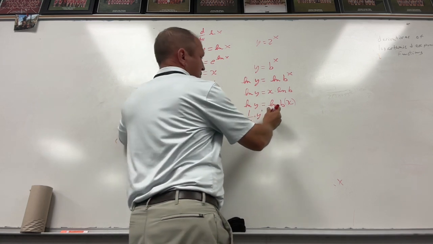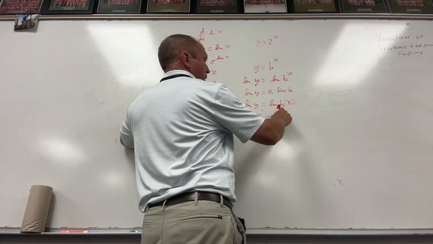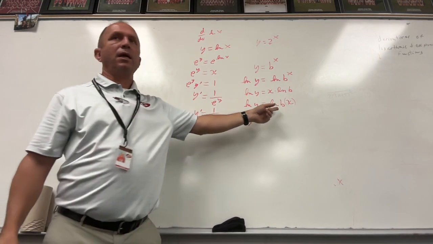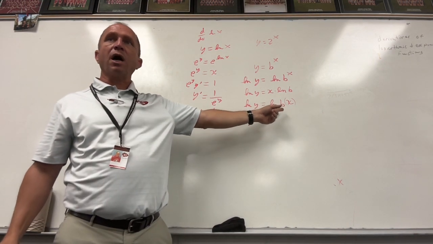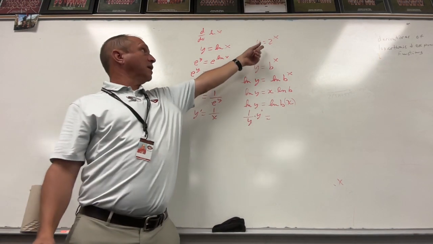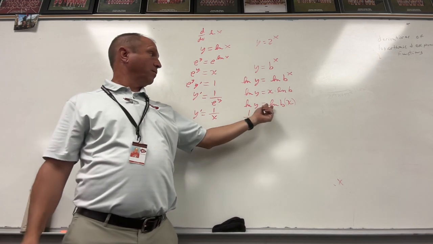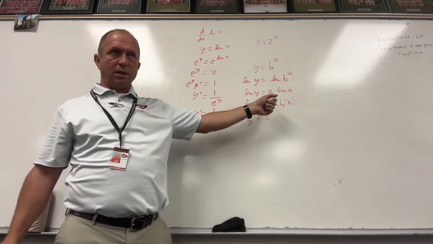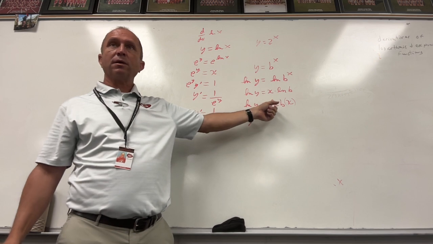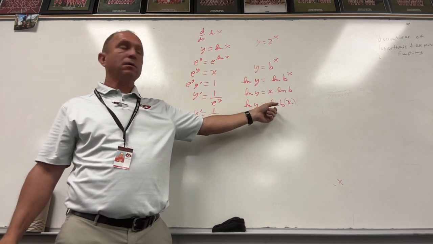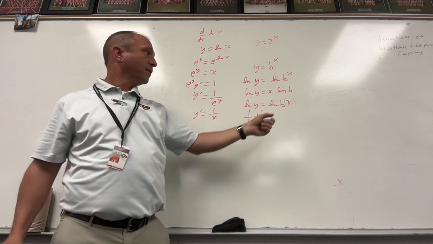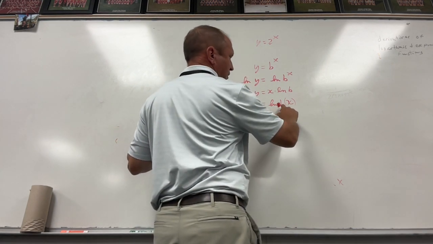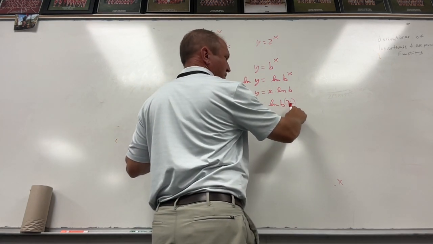Now, what is the derivative of the natural log of b to the x power? Well, we have to consider what b is. b is just a constant, like in this case it was 2. So the natural log of 2 is a constant. It's an irrational constant, but it's a constant. So if I take the derivative of this, it's just like saying the derivative of 2x is 2.